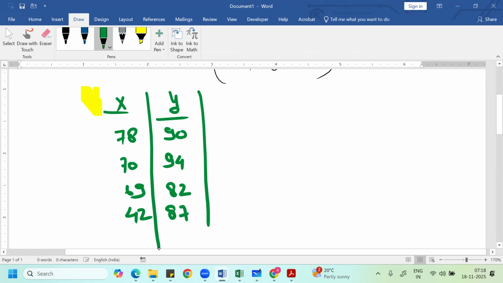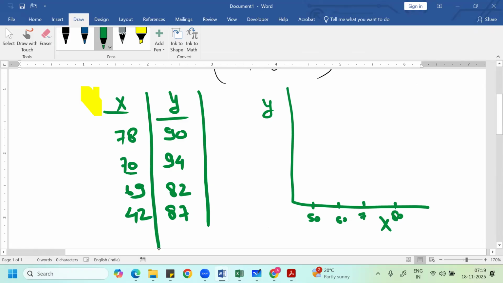Suppose I plot a scatter plot with x-axis and y-axis, with the axes marked 50, 60, 70, 80, 90.